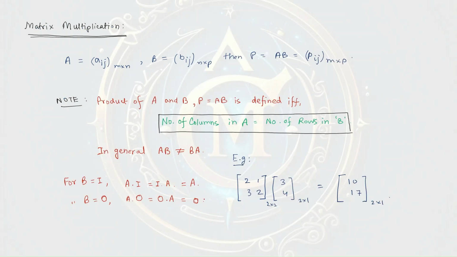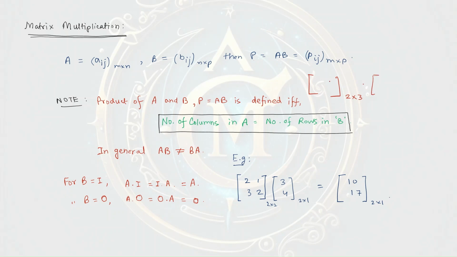Let's proceed. Now, coming to matrix multiplication. If A is this matrix and B is this matrix, then the product matrix P equal to AB is defined if and only if the number of columns in A is equal to the number of rows in B. That means if we simplify it, let this be a matrix of the size 2 by 3.